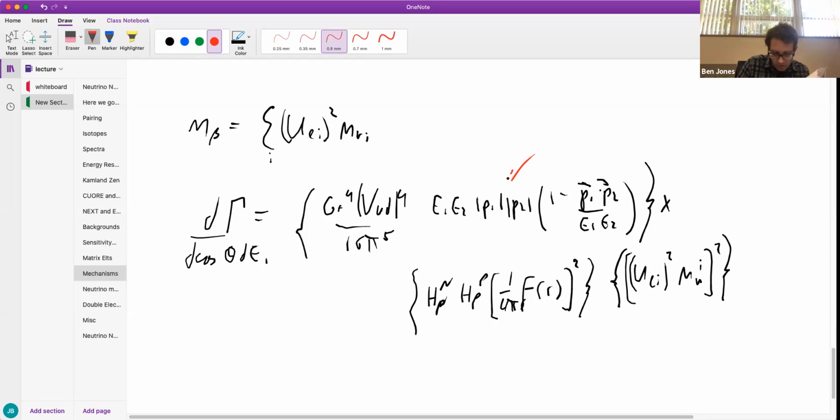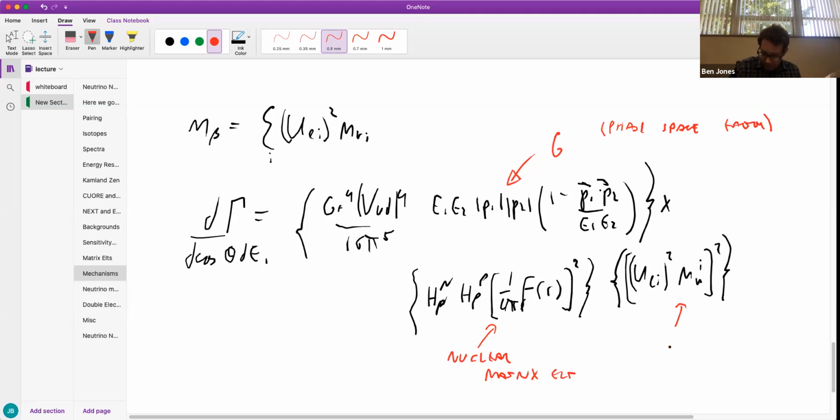So this is just an integral that you can do over kinematics. In fact, it's a little bit more complicated in practice because you have to put in the Fermi function that expresses the attraction between the electron and the nucleus as it's leaving. But nevertheless, this is basically an integral over kinematics, and this is called the phase space factor. This is all the nasty stuff to do with the nucleus, which is called the nuclear matrix element. And this is the effective Majorana mass squared.